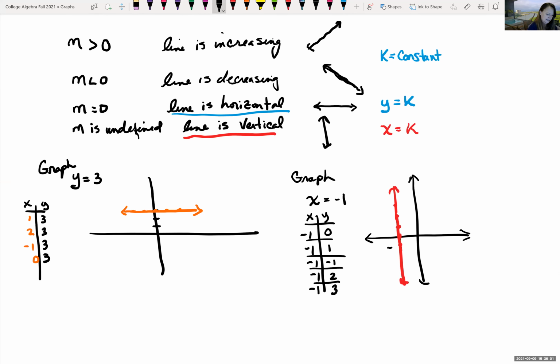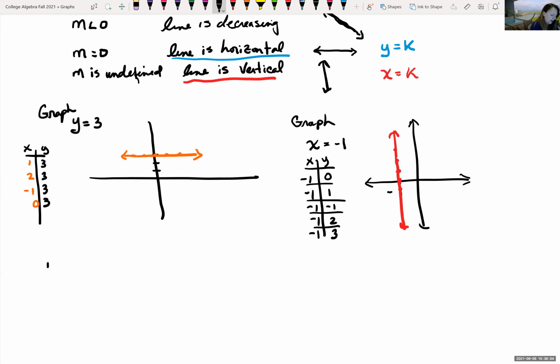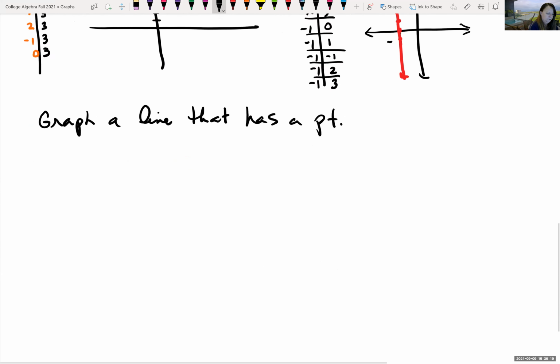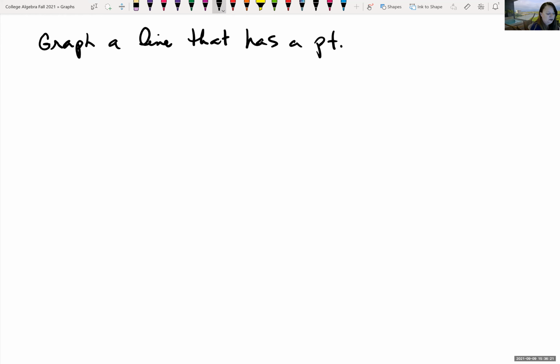Okay, so what if it says graph a line that has a point, I don't know, (-1, 2), and the slope is 3/5.